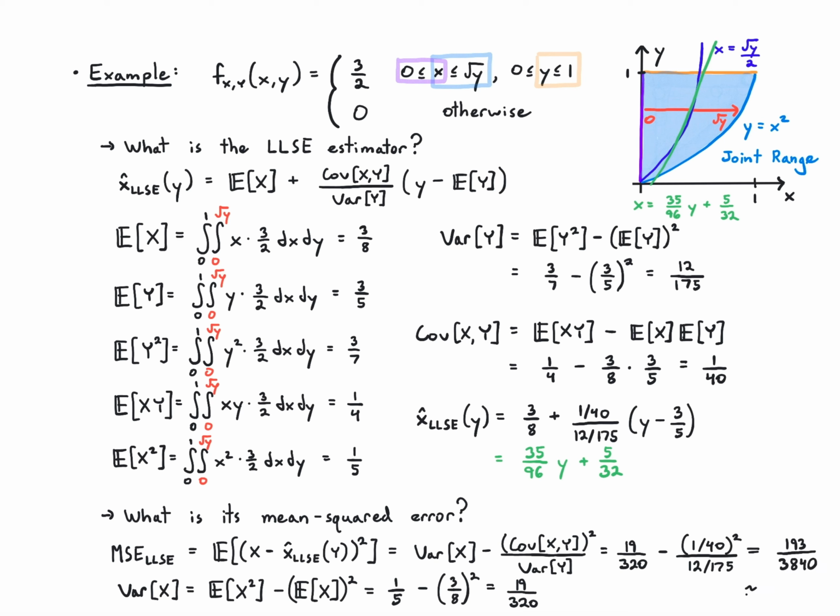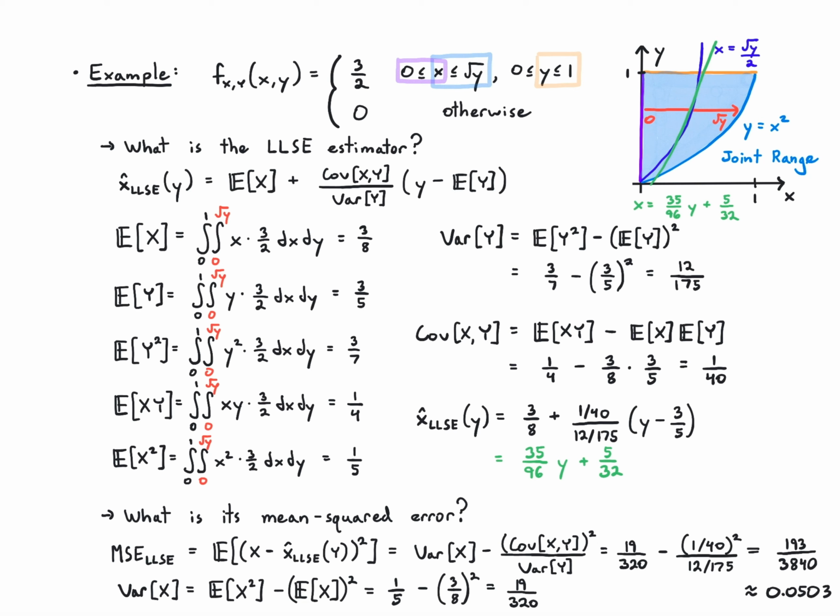If you approximate that, you get 0.0503. So it's really close to the 0.05 that we got for MMSE. In this particular instance, as you can see from the illustration, the green line is a pretty good approximation of the blue curve, and the error is pretty much the same. You just give up a little bit.